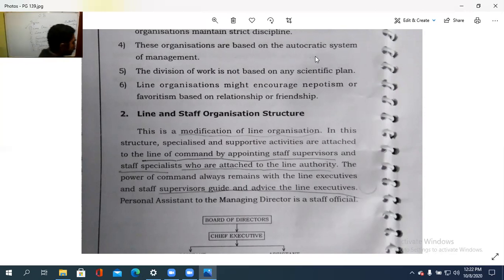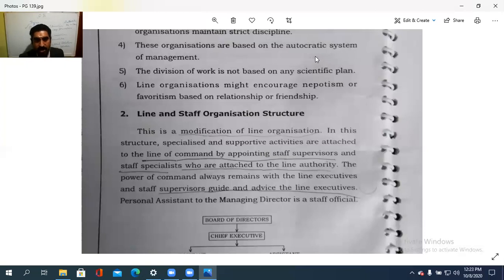So authority is delegated from the top to the bottom in the case of line. But the line and staff is a modification of the line organization, where specialized and supportive activities are attached to the line of command by appointing staff supervisors and staff specialists that are attached to the line authority.